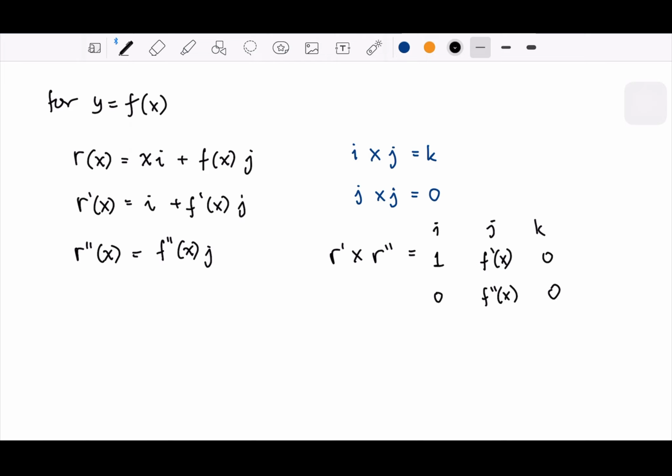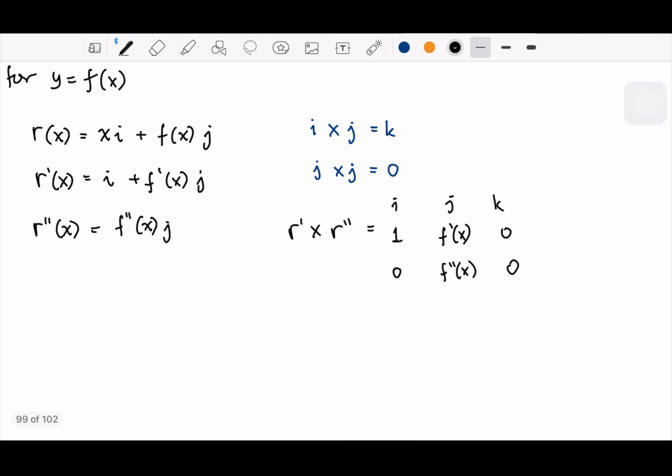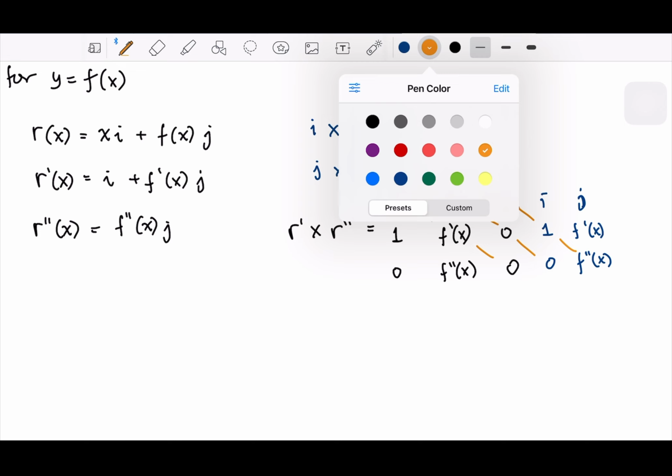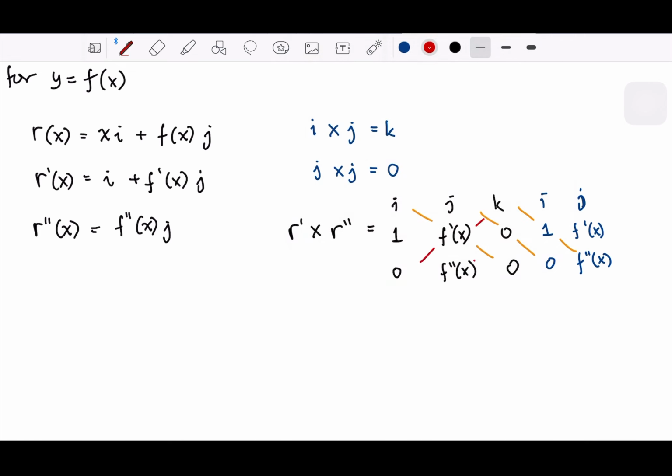You will see that now, if we are calculating the formulation, we will just have f double prime, right?